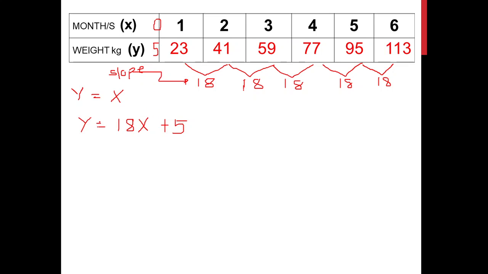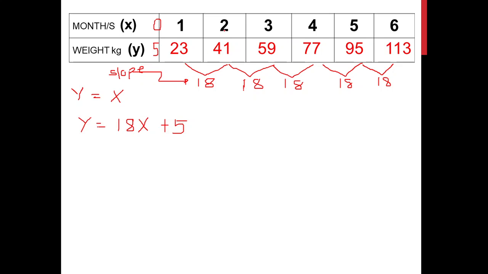Now let's try and substitute the next value here. Okay, because when you buy 0 donuts, you're only buying the box, and then we substitute 0 here, so you have 0 times 18, that is 0, plus 5, so your y is equal to 5, right? Now let's try to substitute when you buy 1 donut. So we have 1 times 18, 18 plus 5 gives you 23.